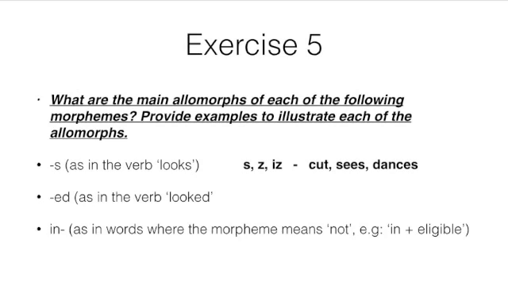You have s, as in looks, and then you have z, also in cats, the verb cat, he cats, she cats, s, or it can be pronounced as z, as in the verb I gave you a few moments ago, to beg, he begs for money, begs, or in the verb sees. And finally it can be pronounced as iz, dances.